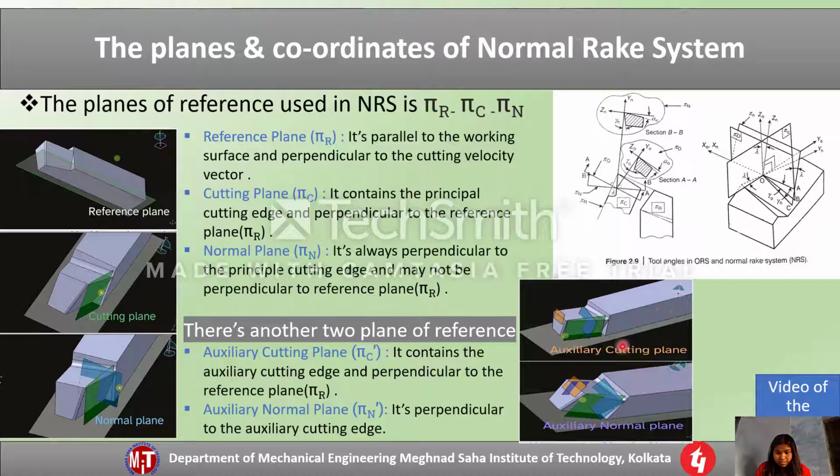Here this is our auxiliary cutting edge, and the plane which contains this auxiliary cutting edge is the auxiliary cutting plane, and the plane which is perpendicular to the auxiliary cutting edge is the auxiliary normal plane, pi n dash. This is all about this slide.